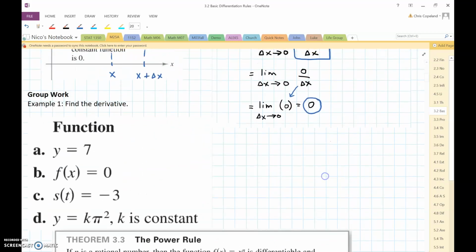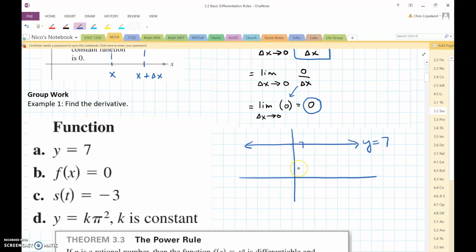Let's say that I ask you to find the derivative of y equals 7. If we were going to graph y equals 7, it would look like this. If I asked you to find the derivative, remember that's the same thing as finding the slope.